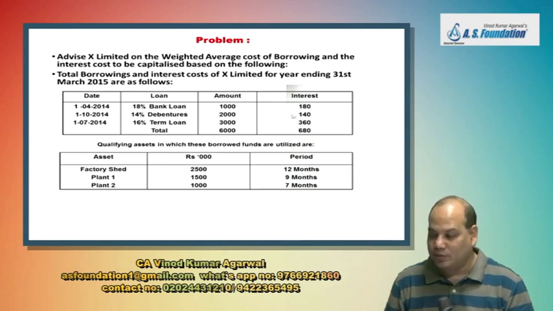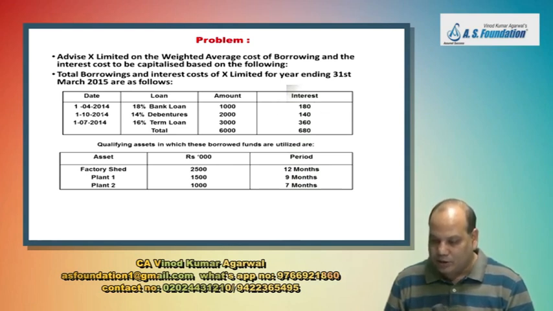I am generous, I am giving it to you. 14% into 2000 into 6 by 12. Is it 140? 16% into 3000 into 9 by 12. 360. Total 680. So one working note is done in the problem, borrowing cost.